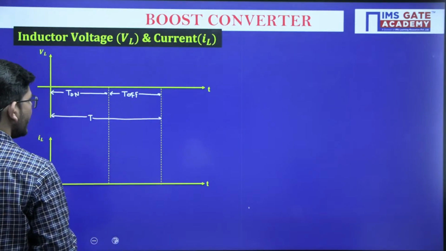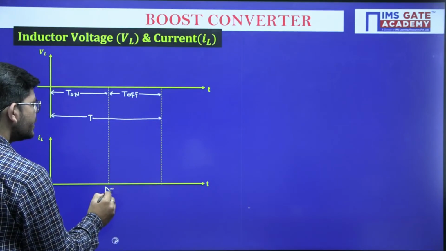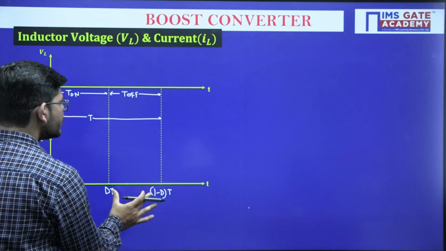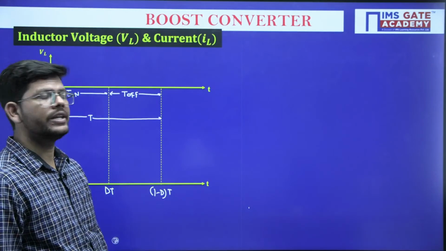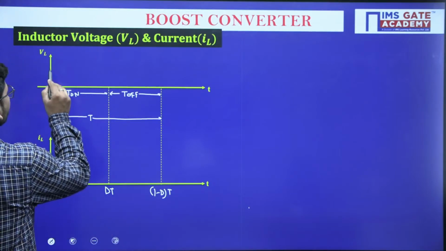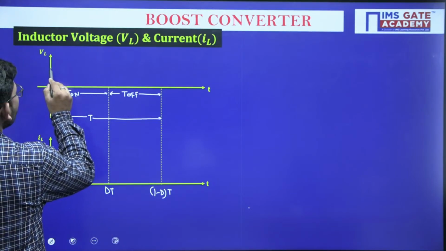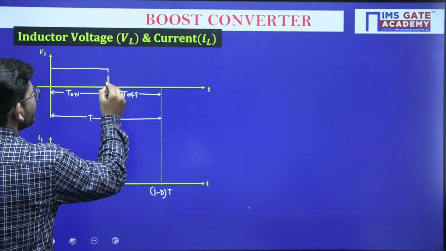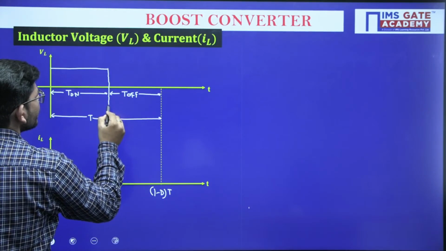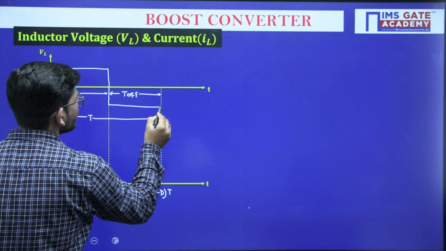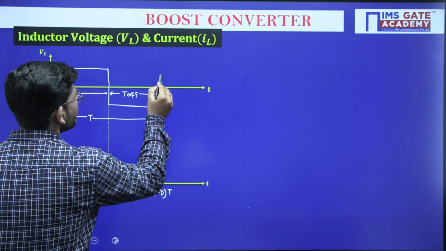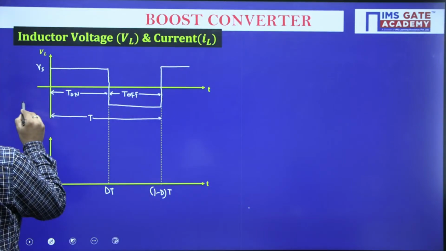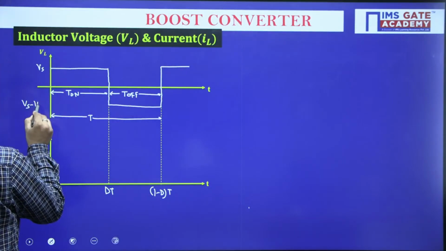I can write this as dt, and this as 1 minus dt, which is the off period. So what happened with the inductor voltage? The inductor voltage during the on period is Vs, and during the off period it is Vs minus V naught, or minus of V naught minus Vs. So it was Vs here, and it is Vs minus V naught here.